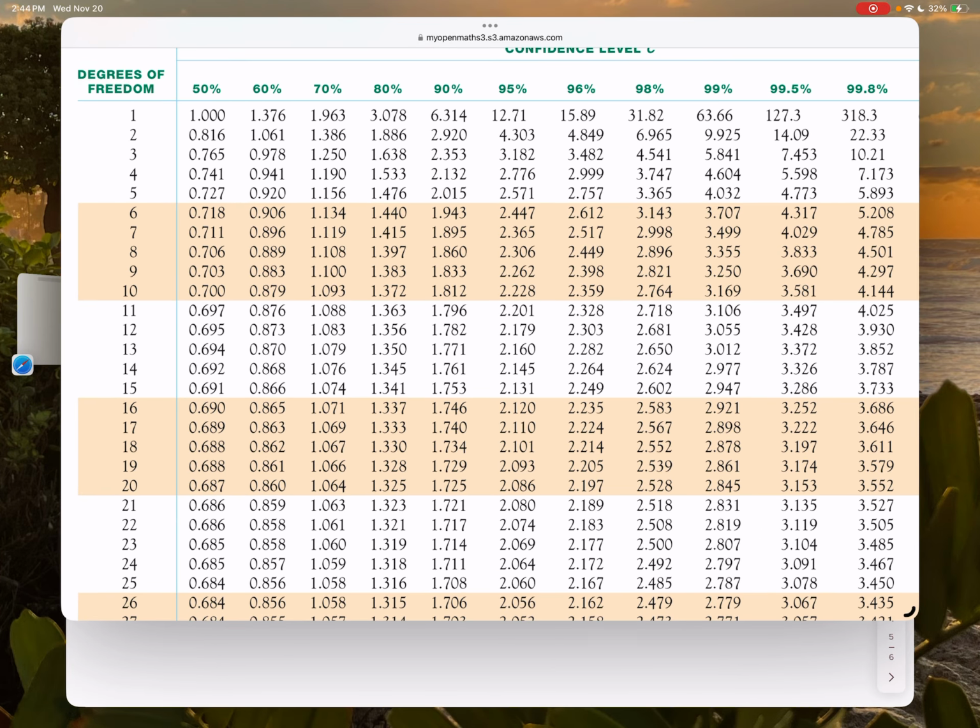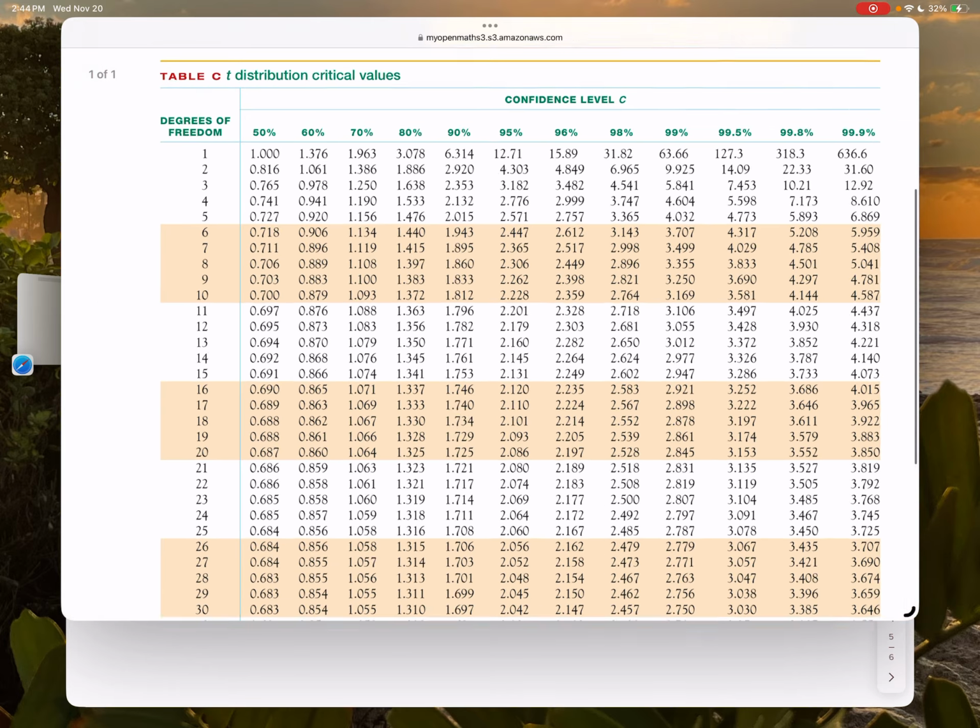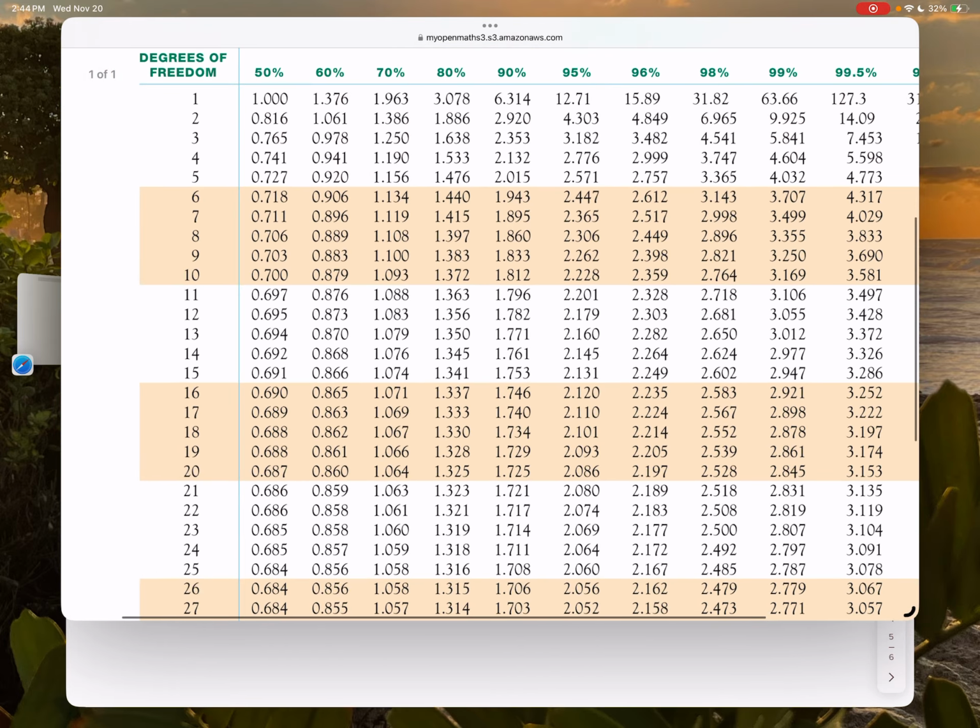When I do this, I get 2.110. So row 17, column 95%, 2.110.